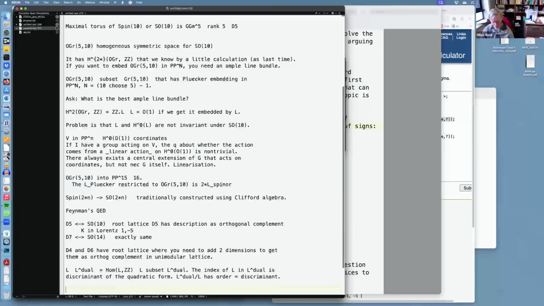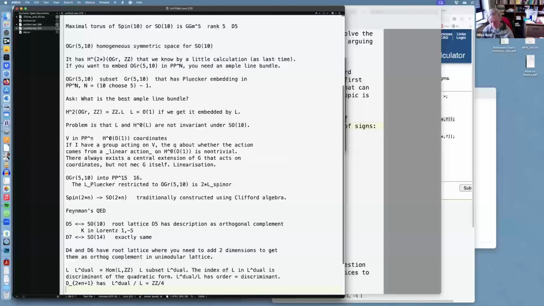But D2n+1 has L dual over L equal to Z mod 4.